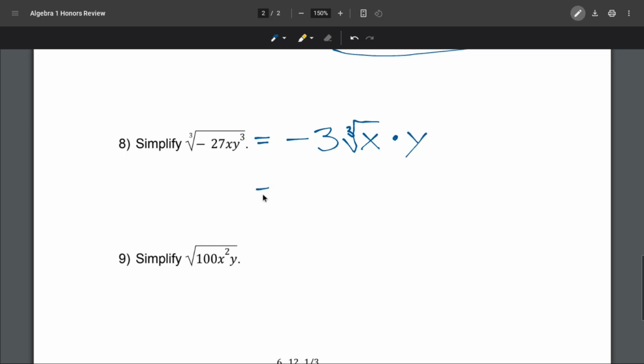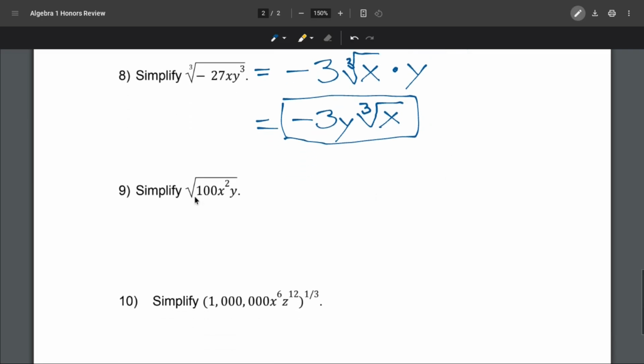So if we rearrange this, we're going to have negative 3y times the cube root of x for my solution here. This next one, we're taking the square root of 100x squared y. Square root of 100 is 10. Square root of x squared is just x. And the square root of y is the square root of y. So we'll leave our solution like that.